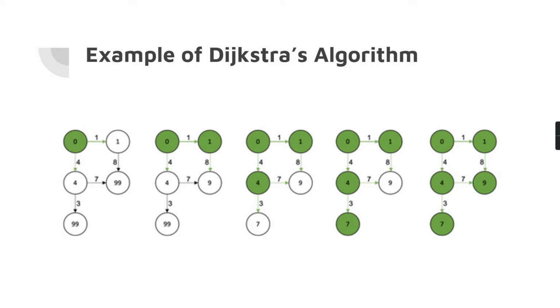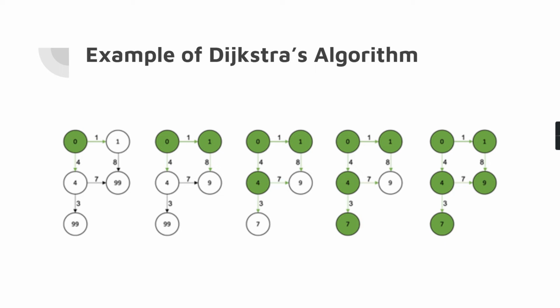So here's one example of Dijkstra's algorithm that uses the input.txt that we saw earlier. We started out with node 0 as our source node, and we first chose the node that has a distance of 1 from node 0, and we highlighted it green to show that it had been visited, and we updated its neighbors, which now has a distance of 9.